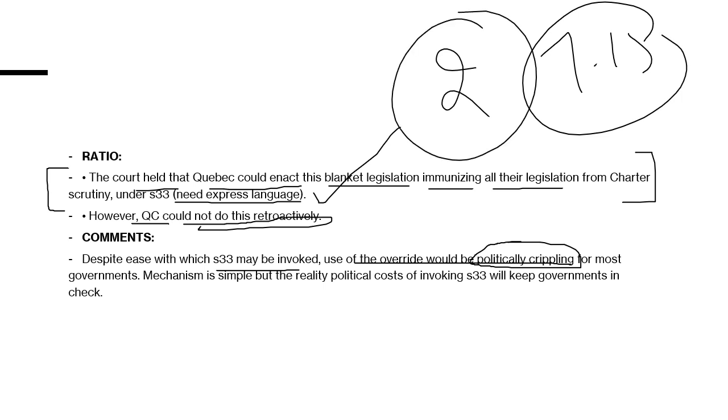So that is why this override provision is rarely used. The mechanism is simple, but the political cost of invoking it will keep governments in check. This is an important line that I have been telling you.